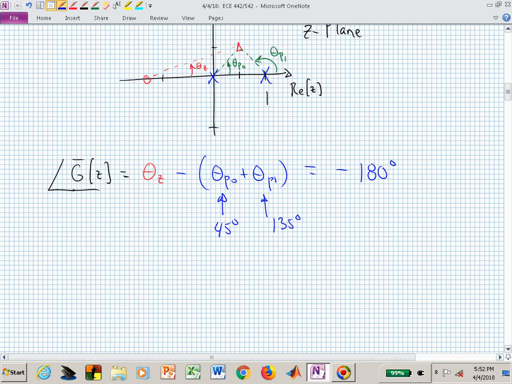You could have just said the angle of g bar of z is 1 over z, z minus 1, with z equal to that value, and some of the calculators allow you to do that. You have that vertical bar, that width, and you can do it. Yes?